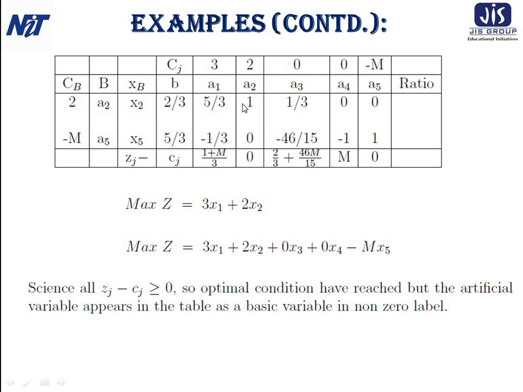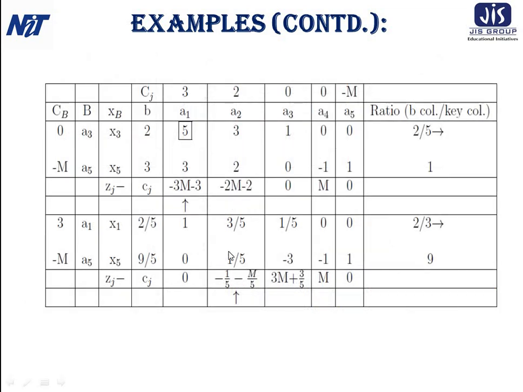So 1 is occurring here, in place of the key element. Now we have to make the other element of the key column 0. So which one is the other element? Here the element is 1 by 5. We have to make it 0. How can we make it 0? With the help of 1 which is occurring in place of 3 by 5.